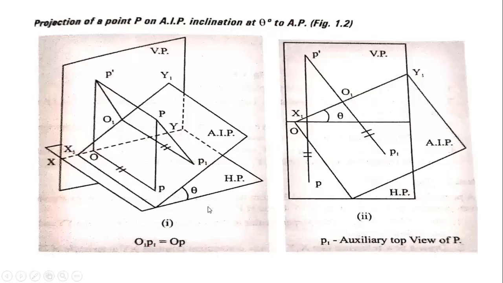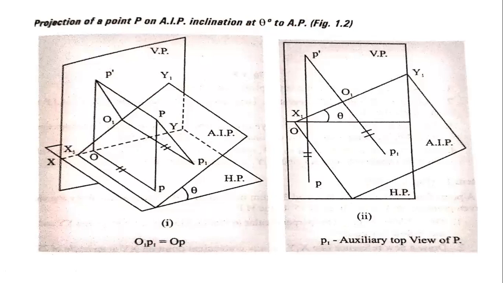Now we will see the projection of a point on the auxiliary inclined plane, which is inclined at an angle of theta. As in the syllabus we have to study only the first angle projection, first of all we will draw the projection of the point.